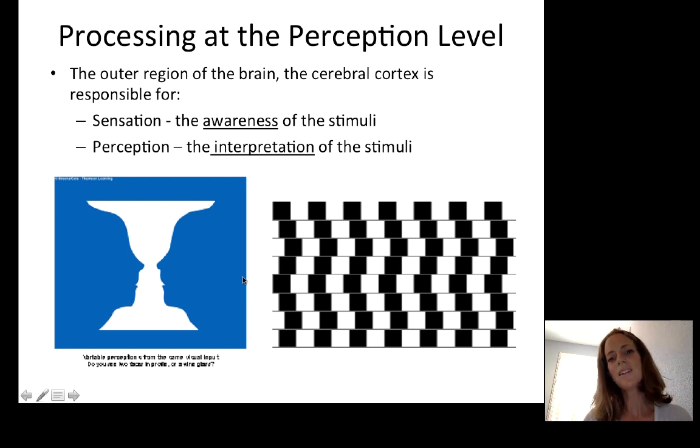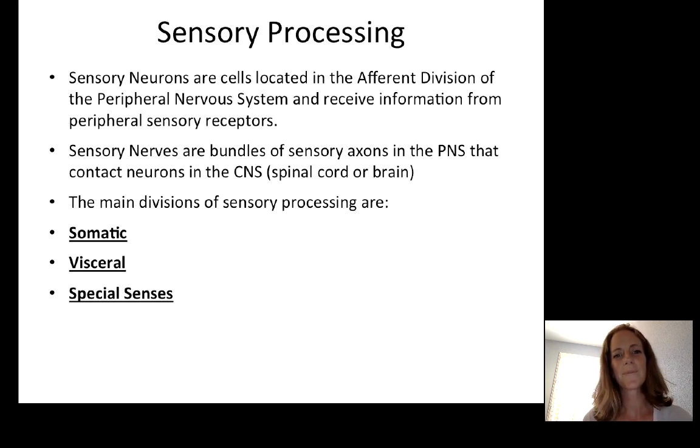And there can be a lot of interesting perceptions based on how your brain has decided to attend to, filter, and interpret the stimuli around you. So all of this at its very basic level is sensory processing, and it starts in the sensory neurons. Sensory neurons are cells located in the afferent division, or the sensory division coming into the brain and the spinal cord.